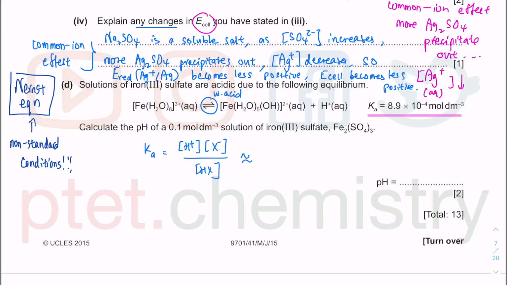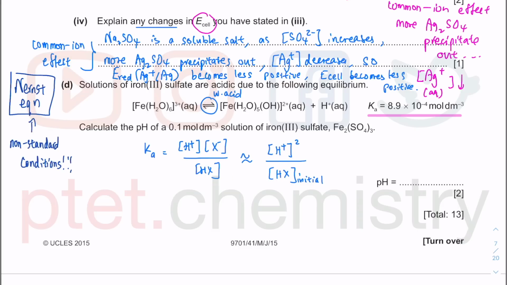We also know that these are in a 1-to-1 ratio, the conjugate base and the H plus. So this is going to be approximated. You can approximate that to H plus squared, and then you can approximate the bottom to the initial concentration of the acid, since very little of it dissociates when you have a weak acid. So what we have there really is we want the pH.